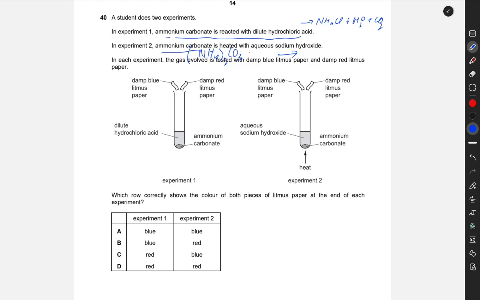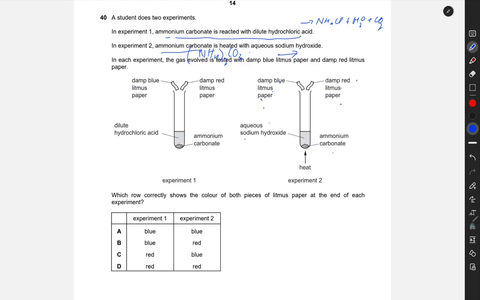Which row correctly shows the color of damp blue litmus paper and damp red litmus paper?